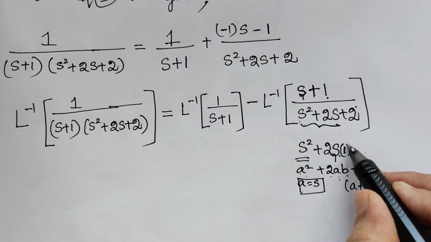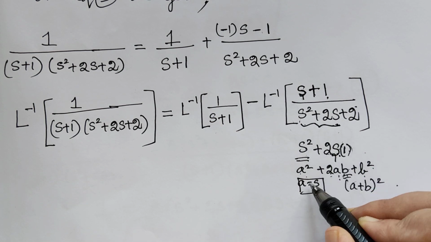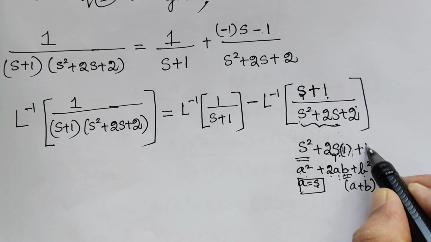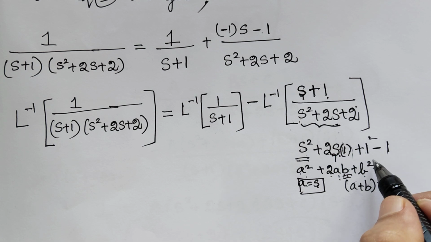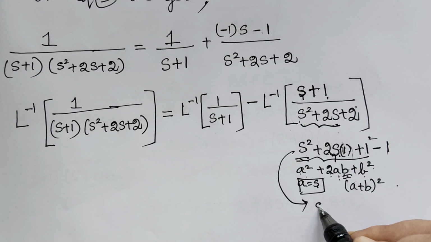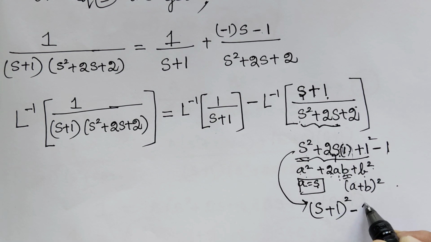So b is what? 1. When we compare, this is 2a, because a is s, and b is 1. So you have to add and subtract 1 with this, which will be 1 squared. So this term can be written as s plus 1 the whole square minus 1.